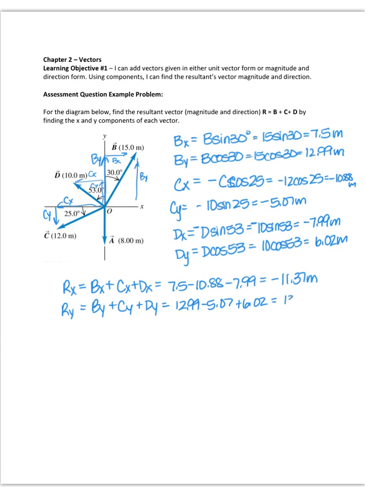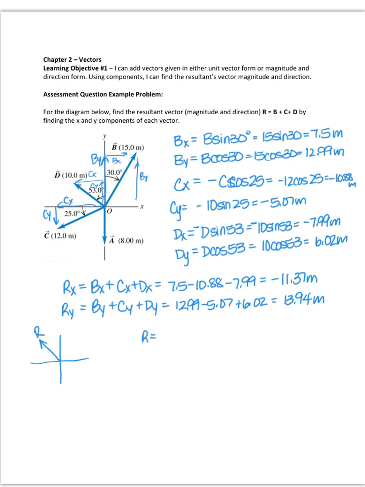And I find the y component is 13.94 meters. Just to notice, what I found is that my x component is negative and my y component is positive. So my vector r looks somewhere, it's over in the third quadrant.